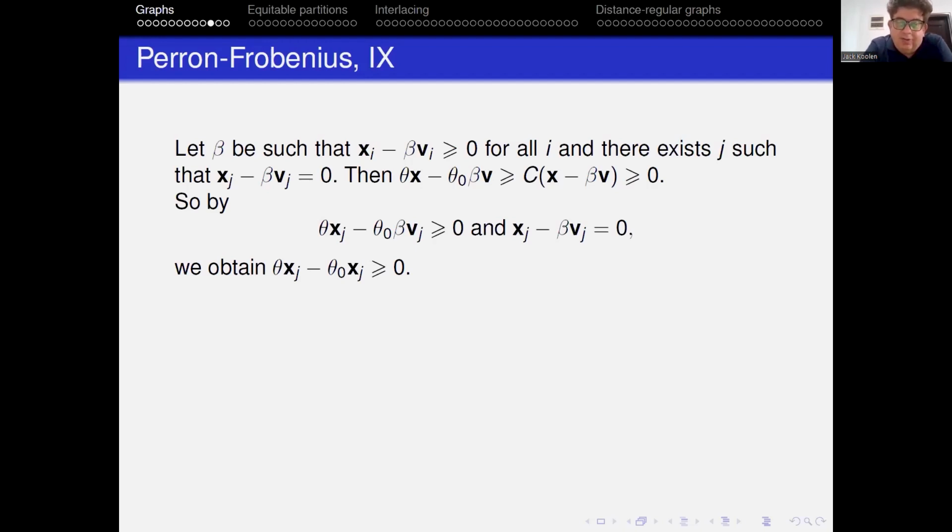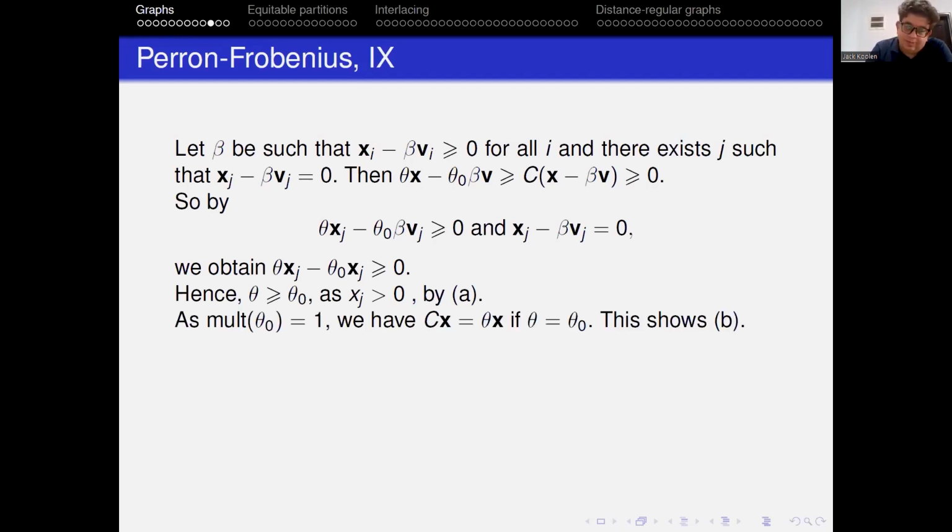That means that theta minus theta 0 times xj is greater or equal to 0, and because xj is positive, theta is greater or equal to theta 0. And as the multiplicity of theta 0 is 1, we see that Cx is theta x if theta is theta 0, and this shows the B part.